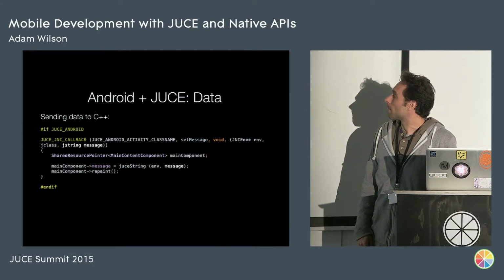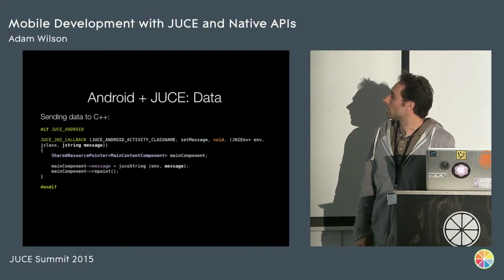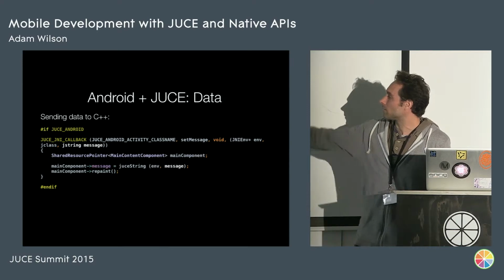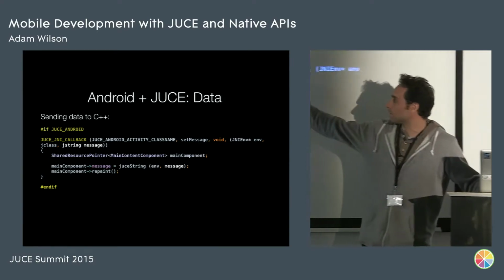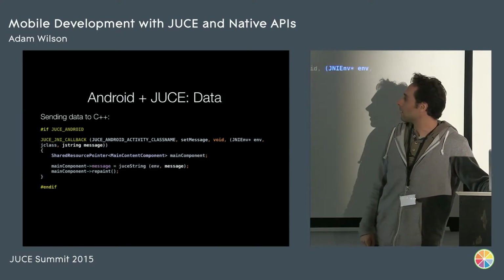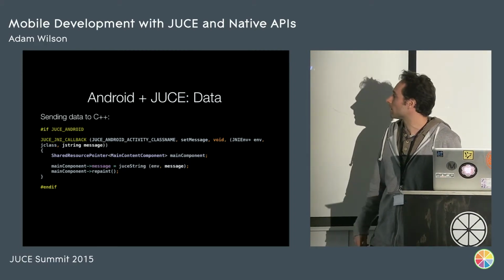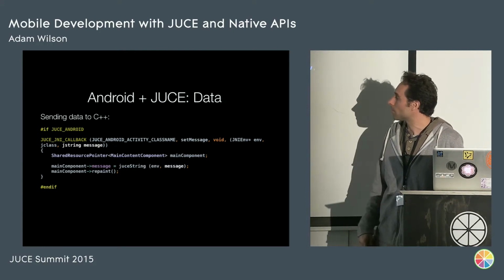So here's a quick bit of code. I'm not going to linger on the code too much because I want to get into the iOS stuff. But basically, there's this very handy macro provided by JUCE, and a callback. Yeah, we can send strings to and from.